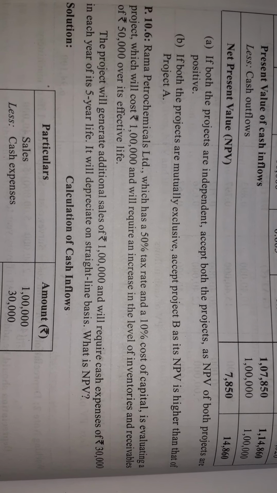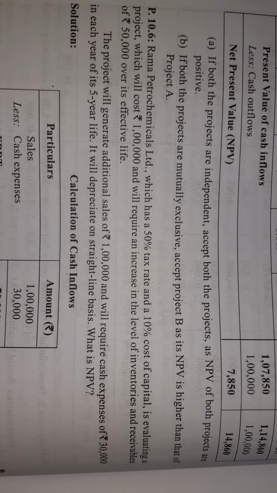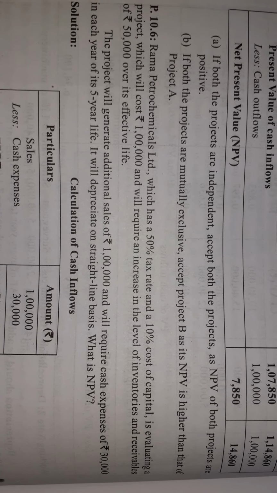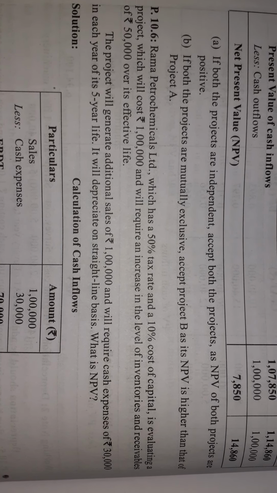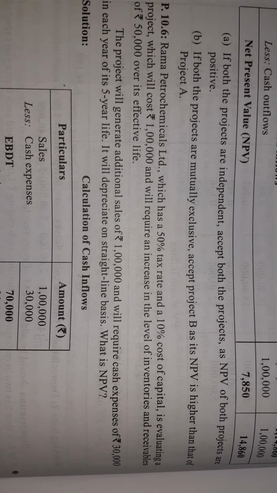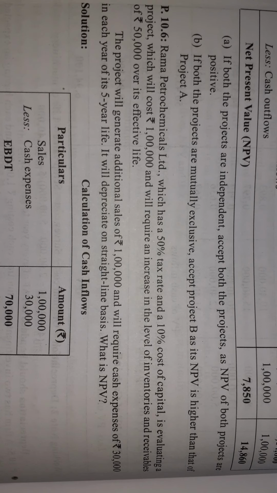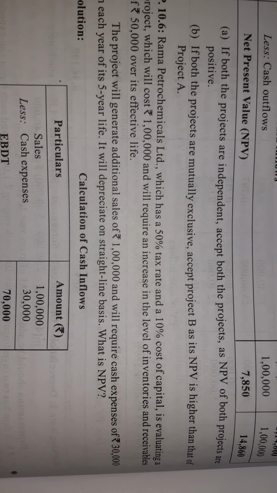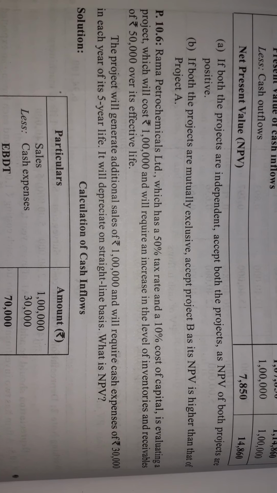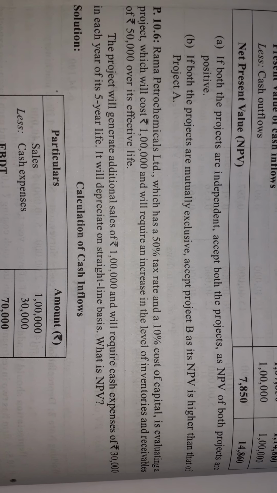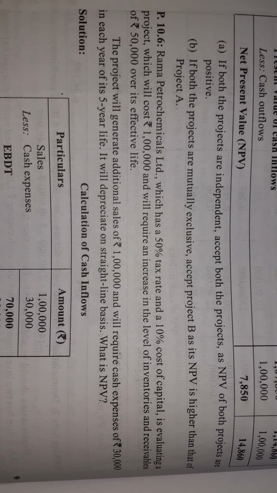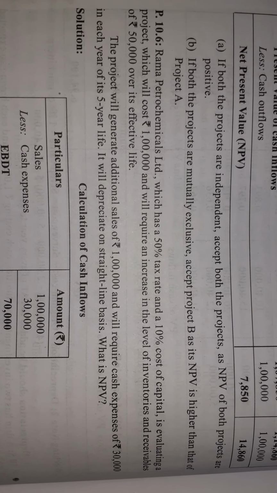So here they have given the tax rate, that is 50%, and they have given the R, that is the required rate of return or cost of capital, and the initial investment for the project is 1 lakh rupees, that is the cost or cash outflow or investment. It will require an increased level of inventories and receivables of 50,000 over its effective life. That means the amount required for inventories and receivables is working capital. So there is an increase in the working capital by 50,000 over its life.